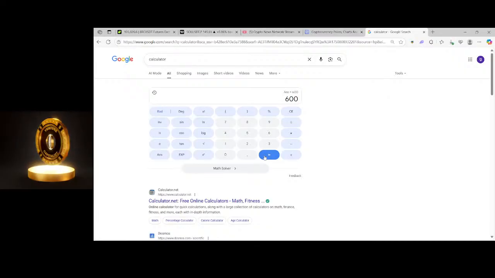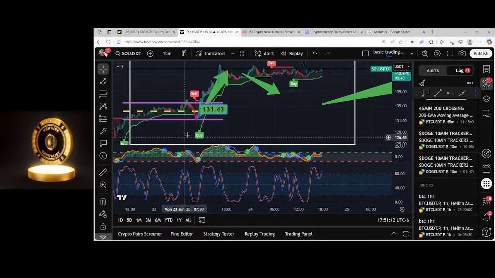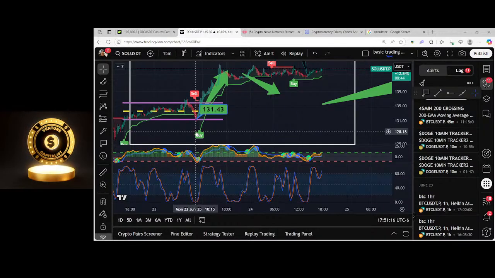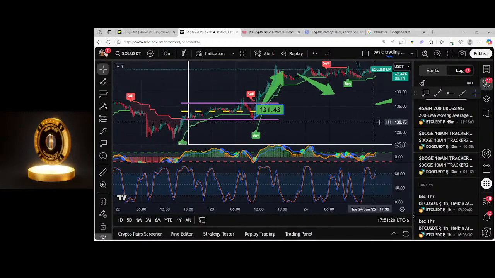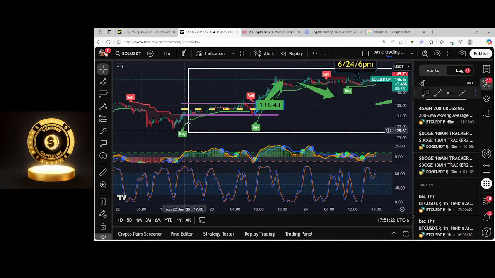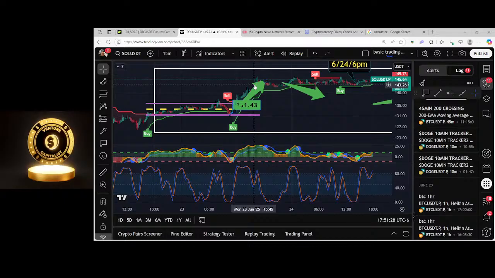Okay? Which simply means that every time we do a trade, any of the trades that we do, they have to make an average of 30 to 35% per trade. Okay, so the Solana trade that we were doing, we can do a 30x leverage on there. We have an 8% or 10% move. That's 300%.